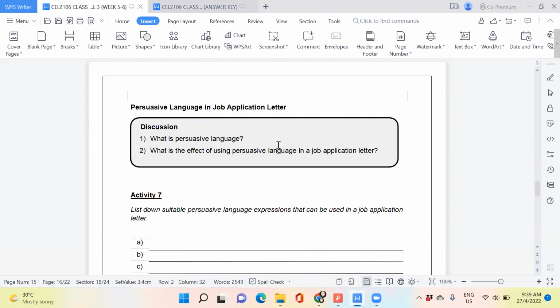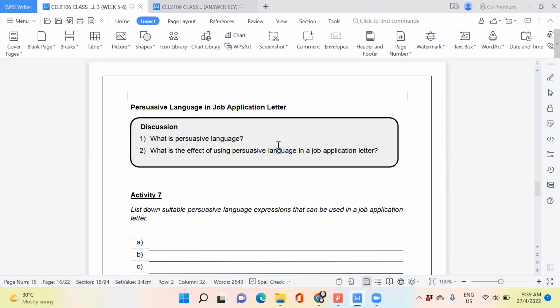Okay, so if you can see the discussion there, it's asking you what is persuasive language and what is the effect of using persuasive language in a job application letter. So what do you think? What is persuasive? Or better yet, what is the root word of the word persuasive? Okay, persuade.